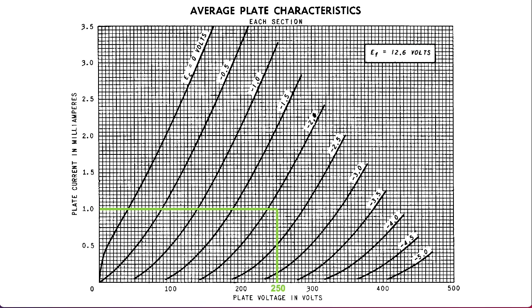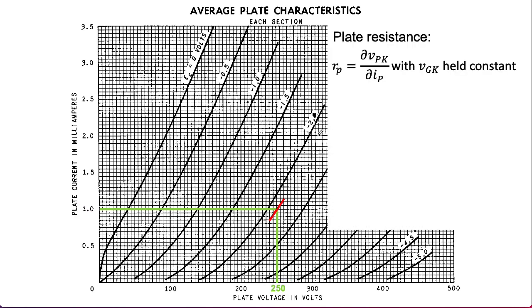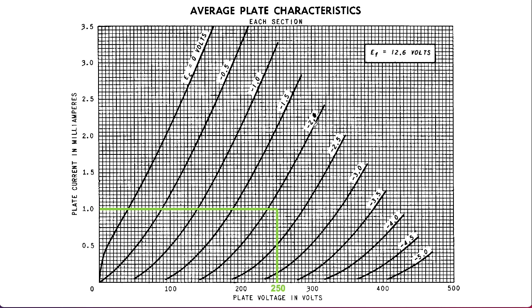So let's take a look at some output characteristics. Here I have our choice of a quiescent plate current of 1 milliamp and a plate voltage of 250 volts. And if we intersect these, we see that we do get a grid line that's somewhere around -2 to -2.5 volts.